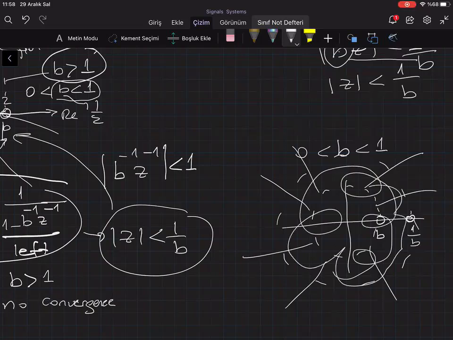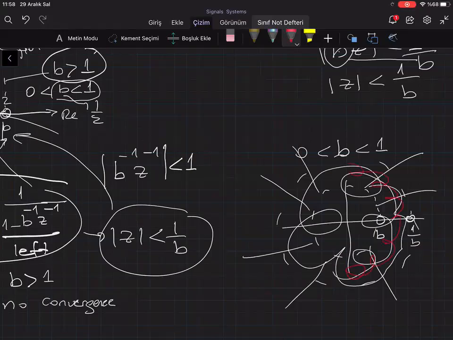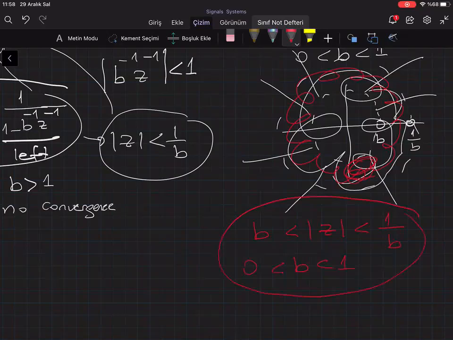Where is my intersection? It is in between. So my ROC will be here. Z will be less than 1 over B, greater than B. B is between 0 and 1. And poles and zeros, we put them here already. Yes, is it understood, friends?